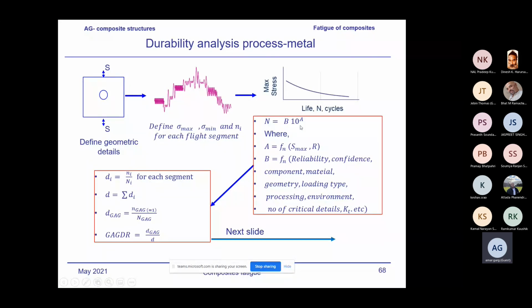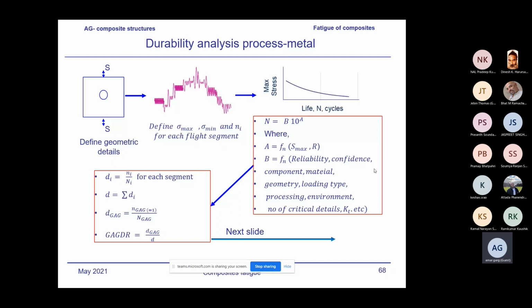Suppose the equation for life is N equals B times 10 to the power A, logarithmic, where A is a function of stress and stress ratio, and B is a function of reliability, because this is an SN curve which has all the correction factors you need to apply: reliability, confidence, component, material factor, geometry, loading type, processing, environment, number of critical details, KT, etc.